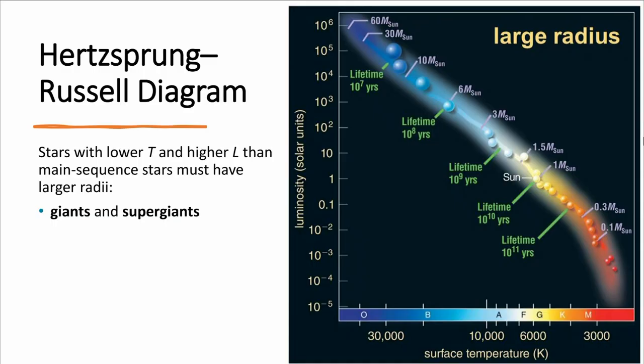And so anything above and to the right on the HR diagram is called giants and supergiants. These are stars that, as it turns out, have a much larger radius than the stars on the main sequence. And when we talk about the evolution of stars, we'll see why that is. So that'll be in a couple lectures.